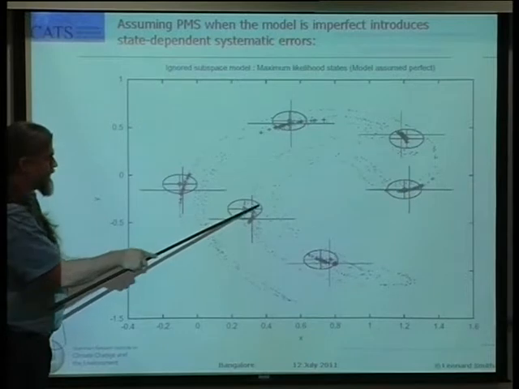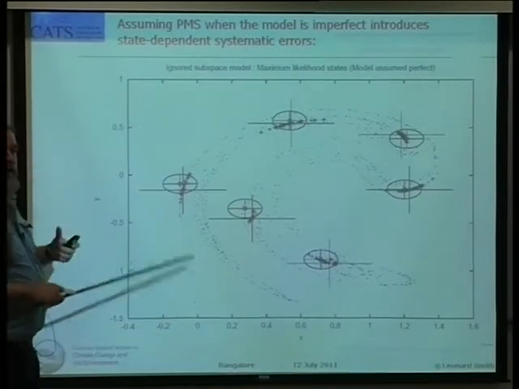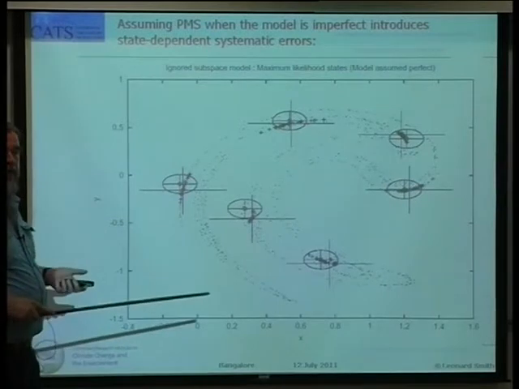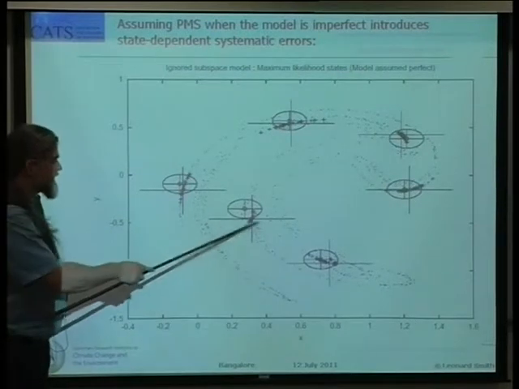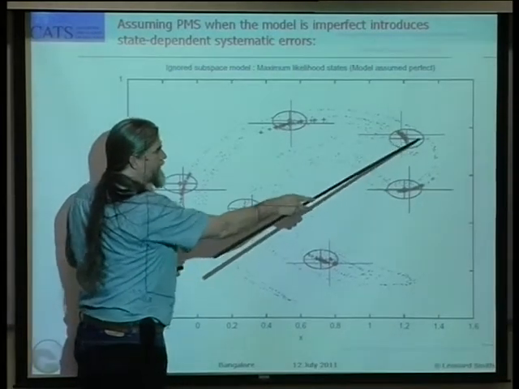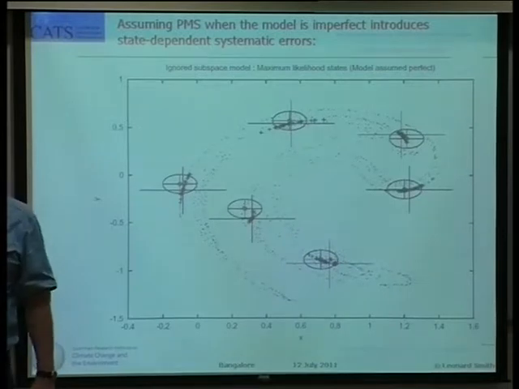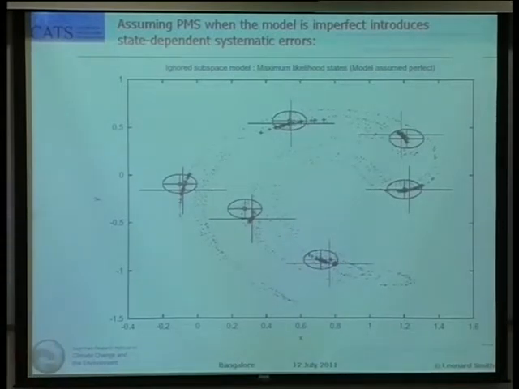So here's truth, here's the noise. If we apply any method, assuming the model is perfect, with that noise, we end up getting these systematic errors, in different places. We get these big crosses. Does that make sense? The maximum likelihood trajectory is the wrong answer if the model isn't perfect.